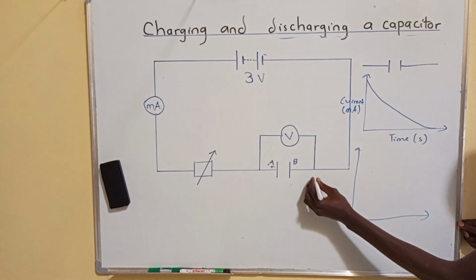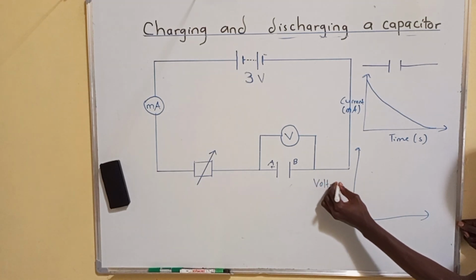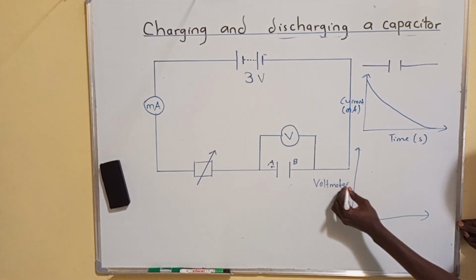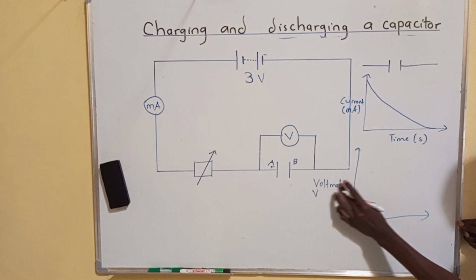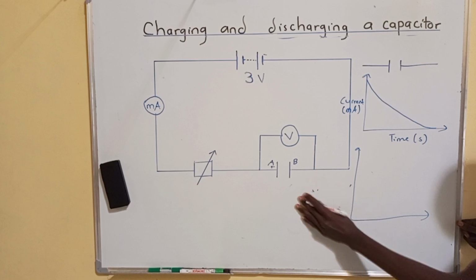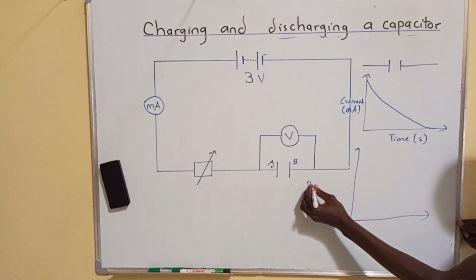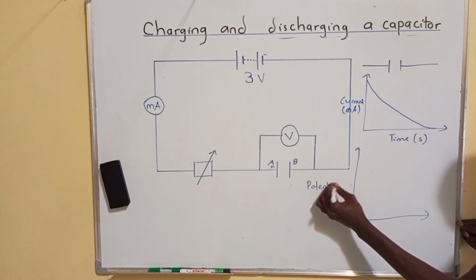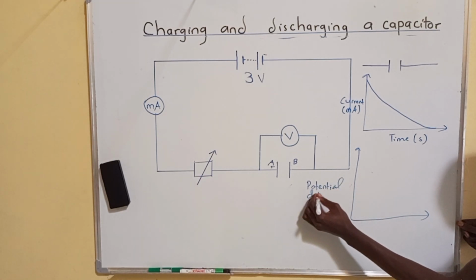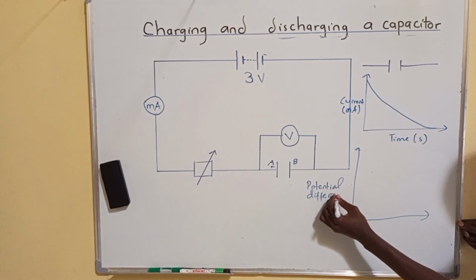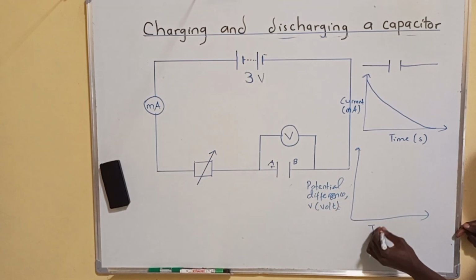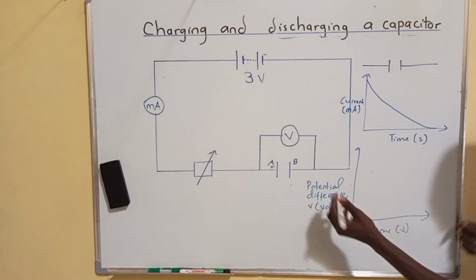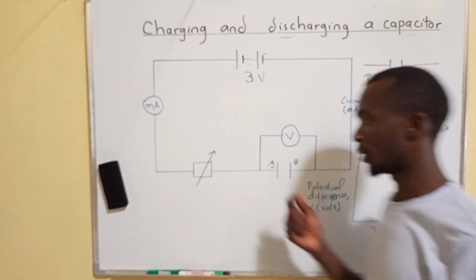At the same time, when you have a graph of the voltmeter reading, that is the potential difference in volts, against time, remember the voltmeter is connected across the capacitor.